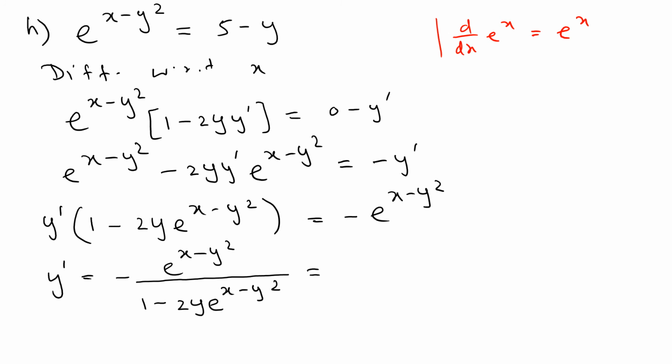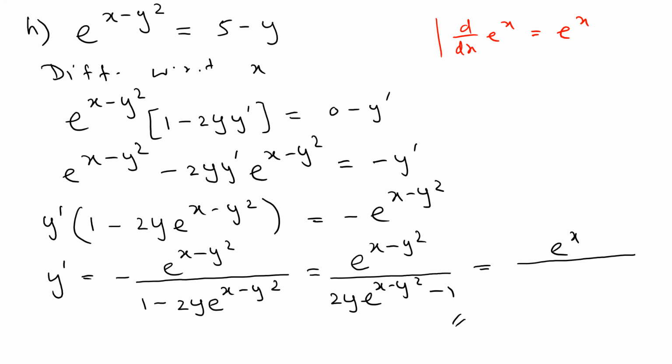You can see there are two negative signs for this one. If you multiply the top and bottom by negative, you can rewrite this as e to the x minus y squared over 2y e to the x minus y squared minus 1. This is much better than the previous one. Also, if you multiply the top and bottom by e to the y squared, you can write this as e to the x over 2y e to the x minus e to the y squared.